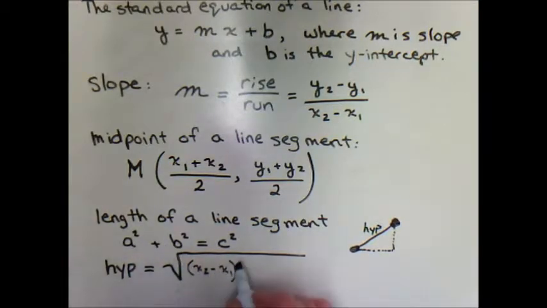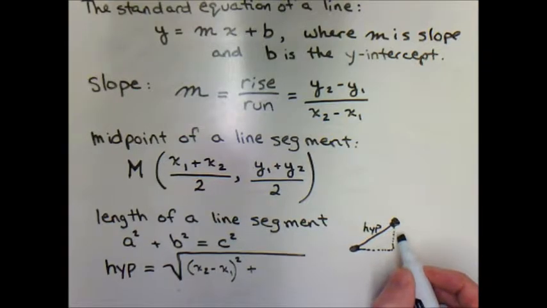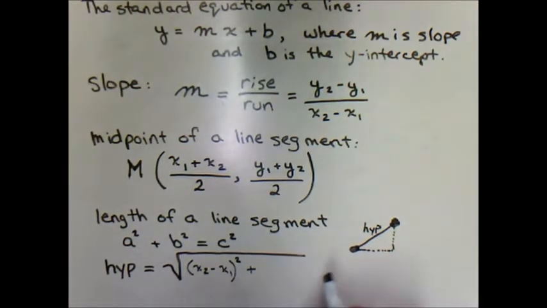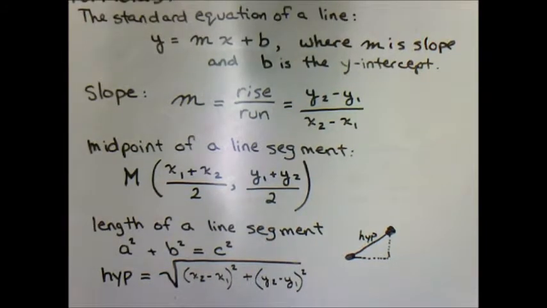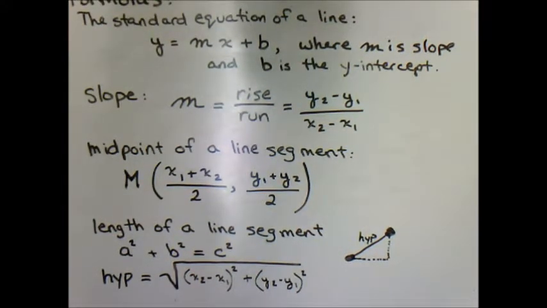And in our Pythagorean theorem, we're going to need to square that, plus the change in y, the vertical change, y2 minus y1 squared. And those are the formulas that are at our disposal, and we're going to figure out which one to use and when to use it and how to use it.